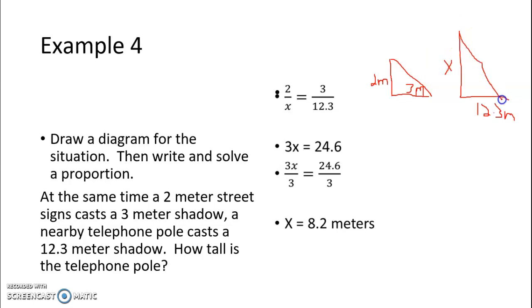Now again, I made these both right triangles. They're not very pretty, I know, but we should be able to see that 2 and X would go above each other here.